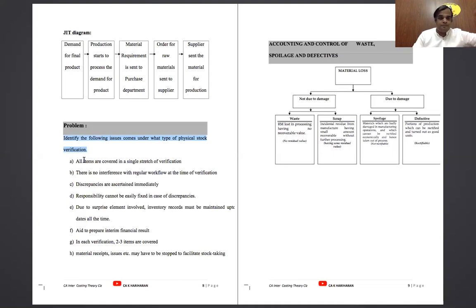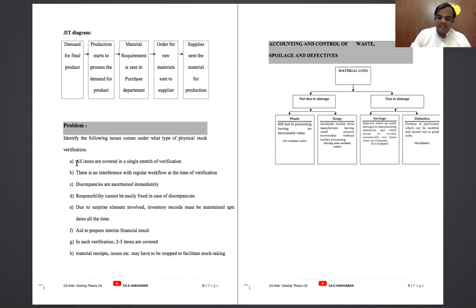First one: all items are covered in a single structure of verification. That comes under, yes, attested, perpetual inventory system. There is no interference with the regular workflow at the time of verification: continuous stock taking. Discrepancies are ascertained immediately when it is possible: continuous stock taking.